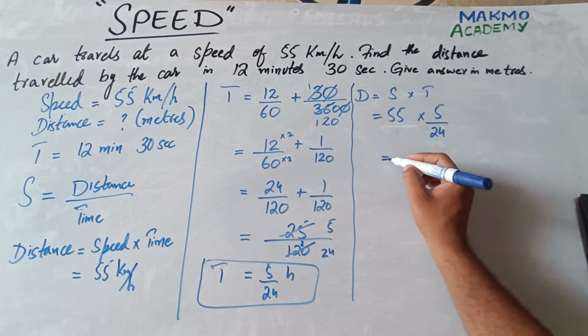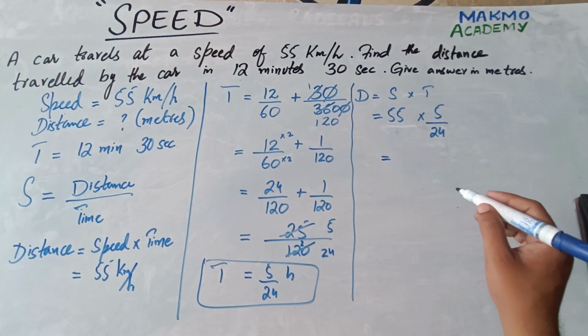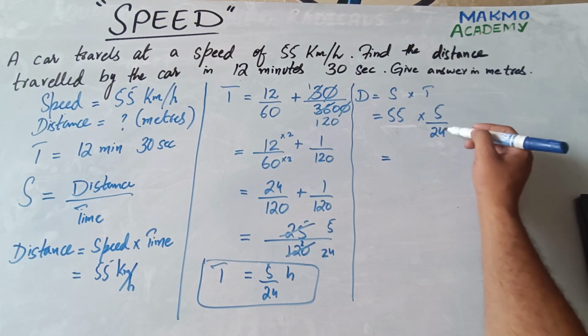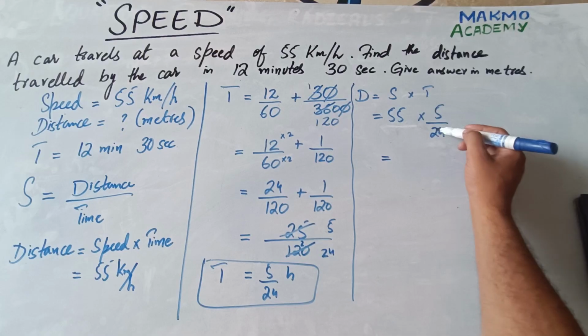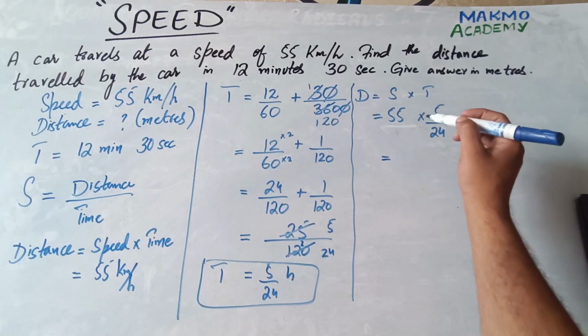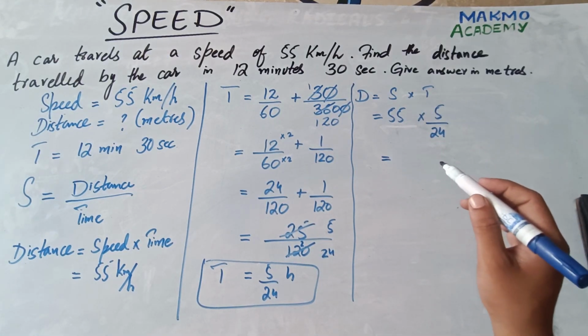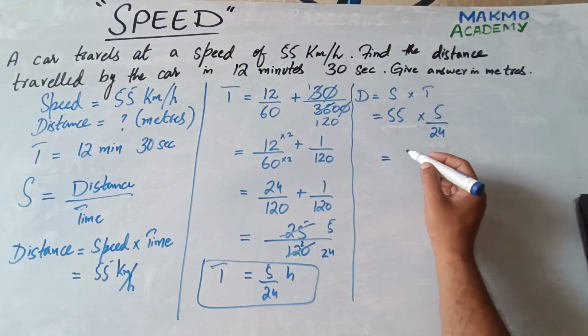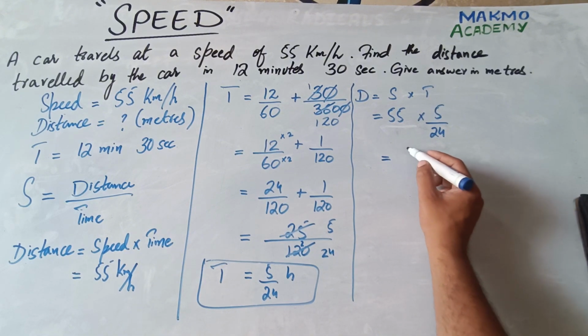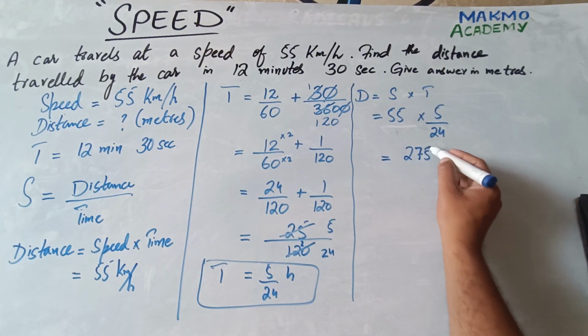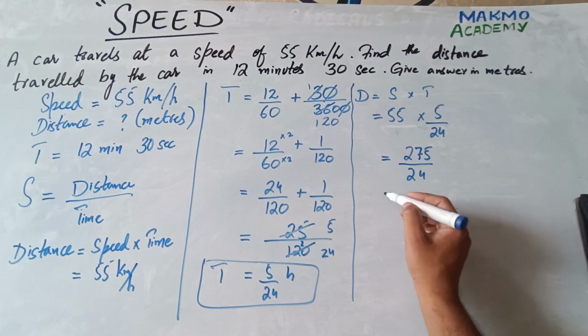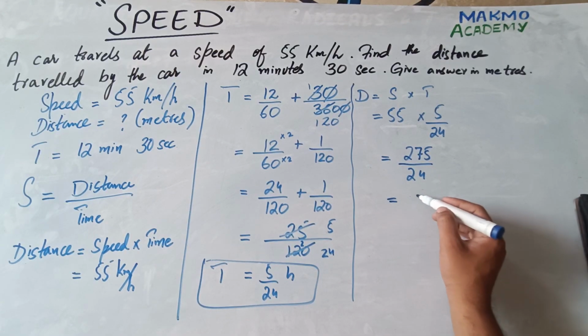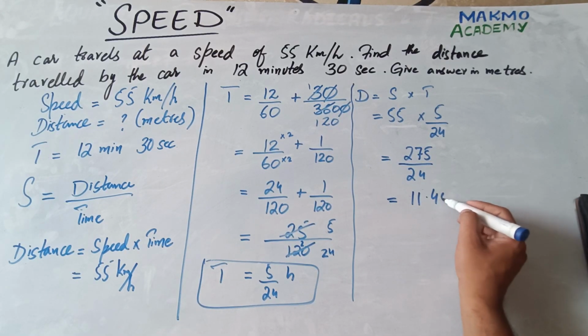As you can see, they do not simplify with each other or with any factor. Now we will multiply them. 55 multiplied by 5 is 275 divided by 24. If we divide them, it gives us 11.45.